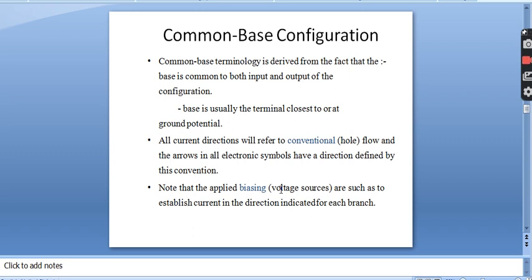When we apply an external voltage to the circuit, that is called biasing, which indicates the direction of current in each branch.